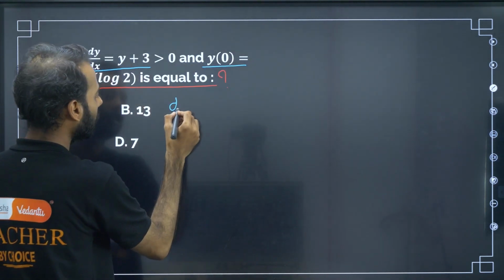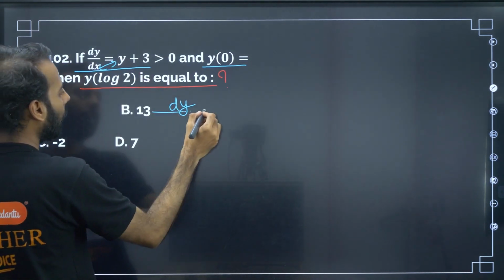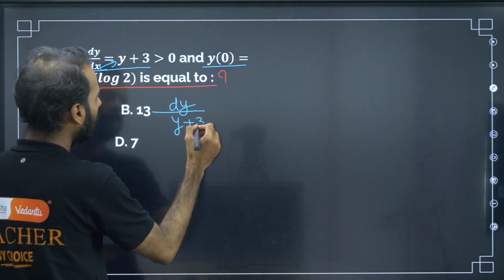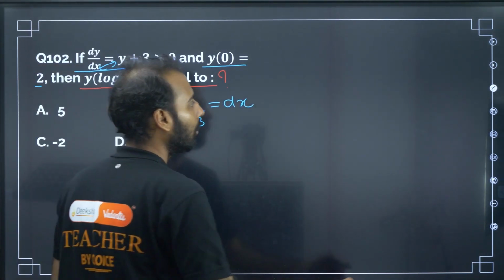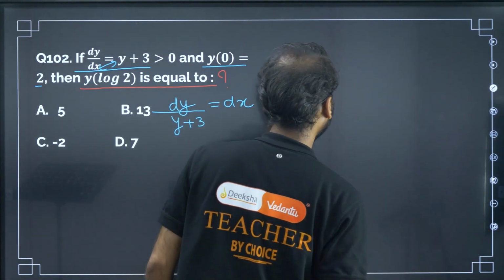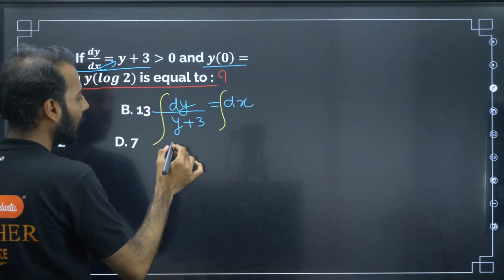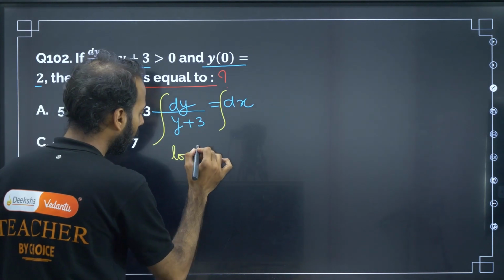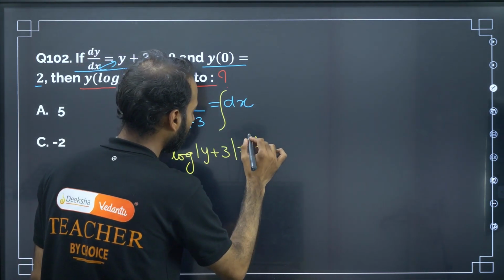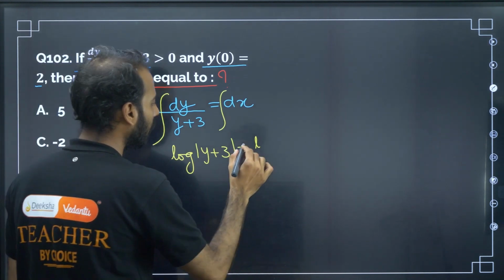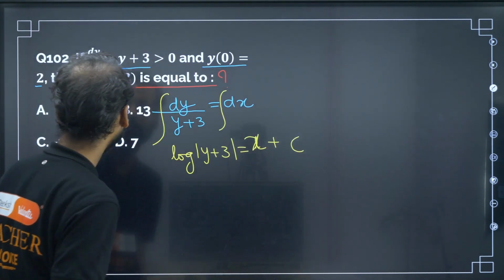Dy by dx: if I transpose this here, dy by (y plus 3) is equal to dx. Now to solve this, let me integrate on both sides. So integrating on both sides, this is log of (y plus 3) is equal to integration of 1, which is x plus c.